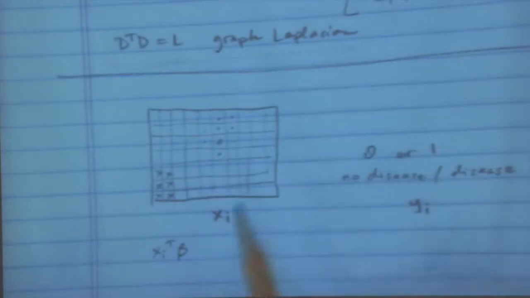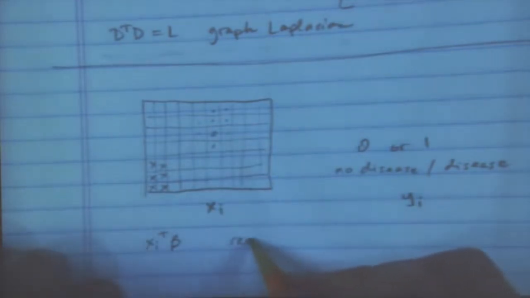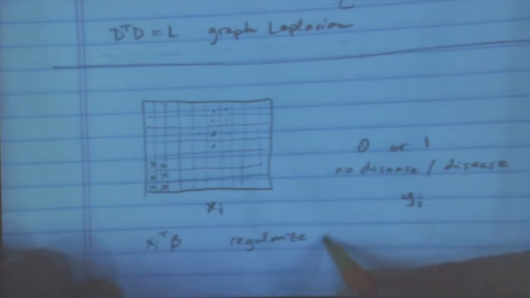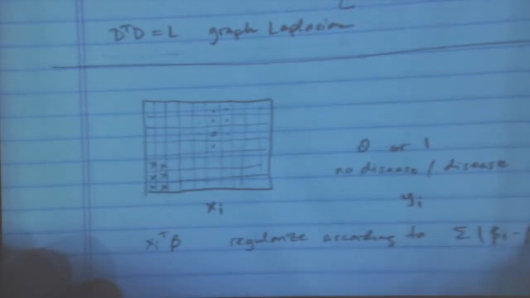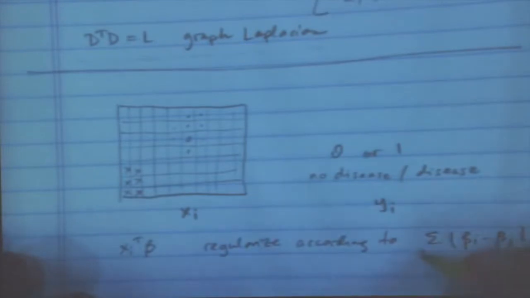So if you think about it, xi transpose beta now is a linear combination of pixels times the coefficients we assign to those pixels. But the components of xi all have this graph structure. They all live on this grid. So we might enforce a graph-fused lasso penalty on beta that corresponds to the grid as well. We may regularize according to this penalty, for all i and j that are neighbors with respect to that graph.